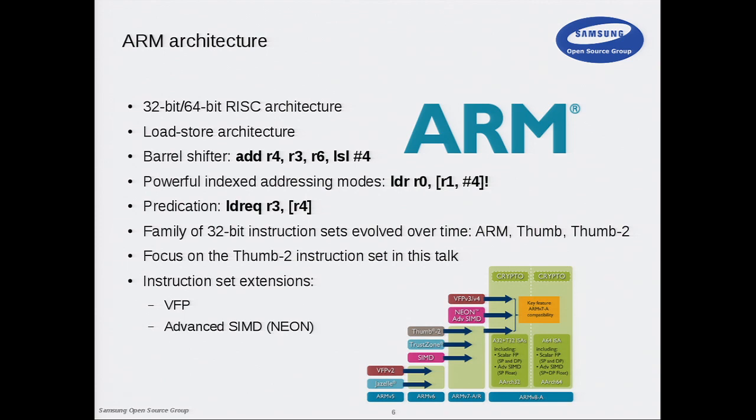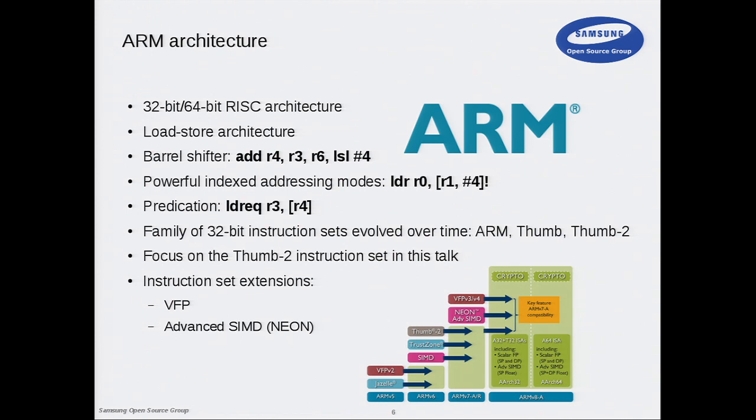Predication: every ARM instruction has a 4-bit predicate, and here we can see a load predicated on equals. If you have an if statement with a relatively short body, then it makes sense to just predicate the instructions rather than having explicit branch instructions, and avoid this overhead.